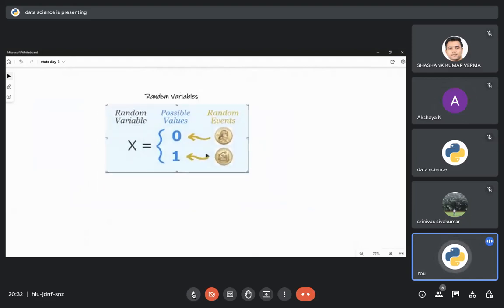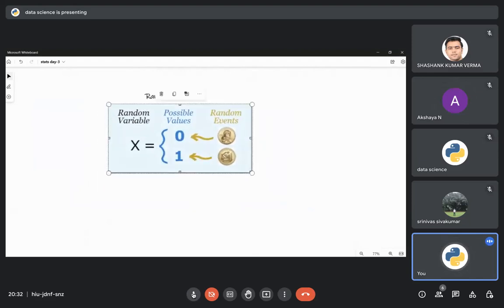So random variable is the set of all possible values from the random experiment. Let's suppose you are throwing a coin. What are the possible scenarios that may occur? Either it can be head or tail, right? Either 1 or 0. So this possible outcome is known as the random variable. Did you understand what I said? What is the random variable?